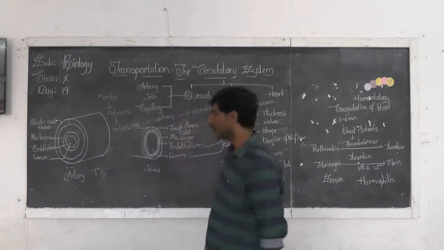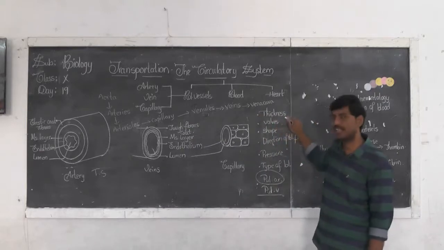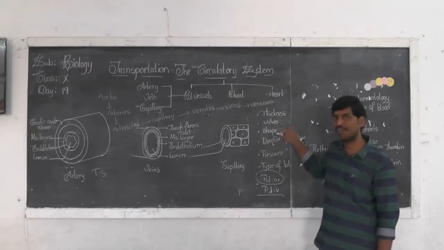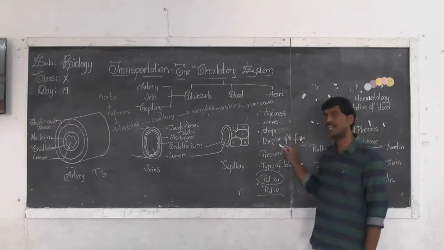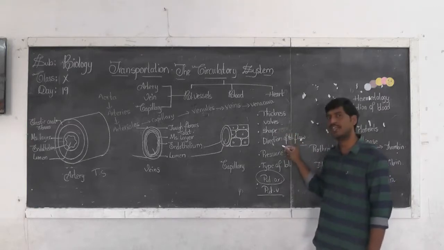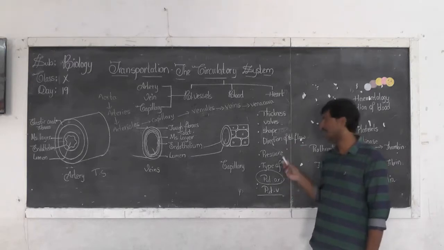Let us recall once, right? Arteries are thick, veins are thin; valves are present in veins and absent in arteries. Arteries can retain their shape, veins collapse when there is no blood. Arteries carry the blood from heart to the body parts, whereas veins carry the blood from body parts to the heart.